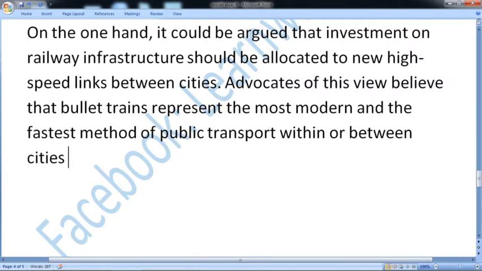Why? Because the bullet train, fast trains, represent the most modern and the fastest method of public transport within or between cities.